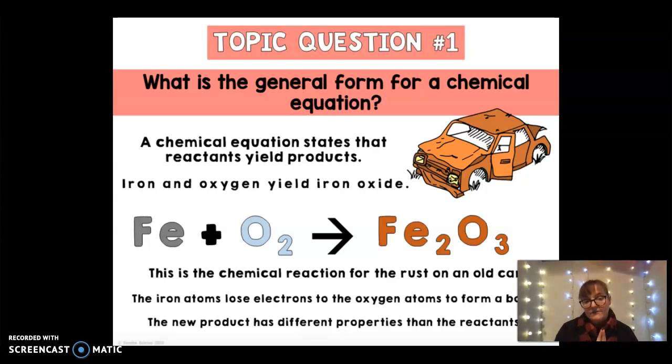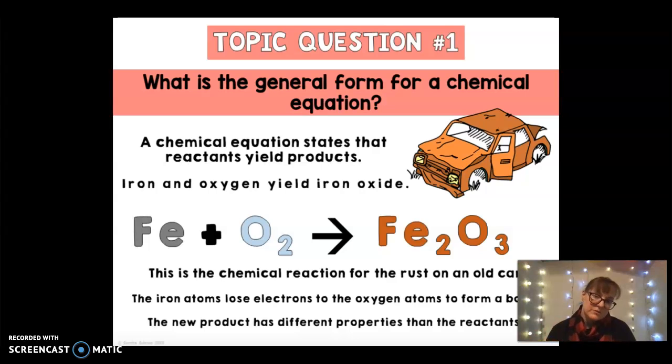You do not have to predict chemical equations or chemical reactions, what's going to happen by looking at one side or the other. You do not have to balance chemical equations. You just need to be able to recognize the different types of chemical reactions, which is what we're going to do today. And then you need to be able to tell what it looks like.